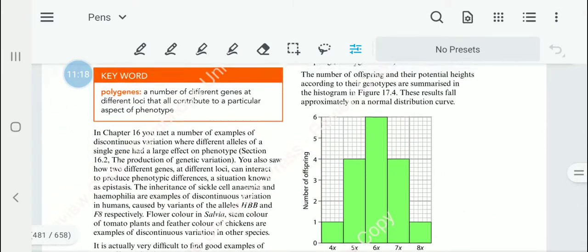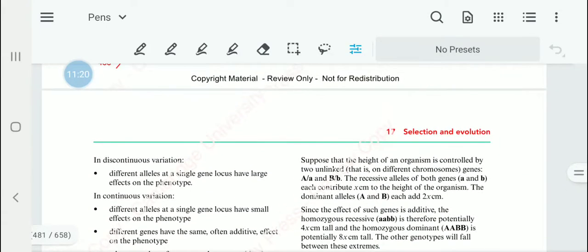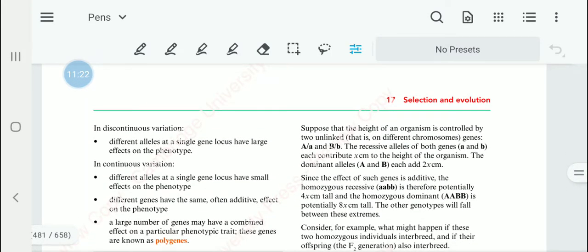That is, when you take a hypothetical situation, hypothetical in the sense we are not actually taking real life examples, but this is all possible.